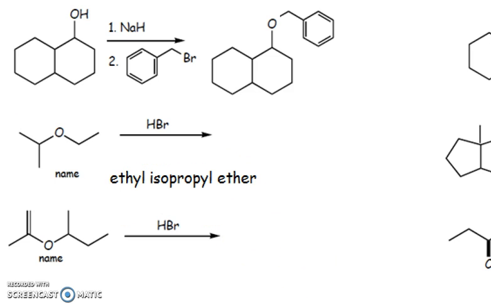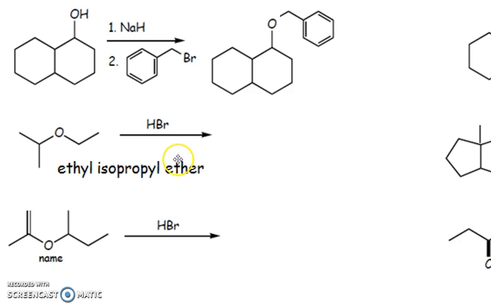That's one name. Another way we could do that is name the longest chain here, which would be methyl ethyl. And we can say ethoxy, and then it's going to be on the number 2 carbon.